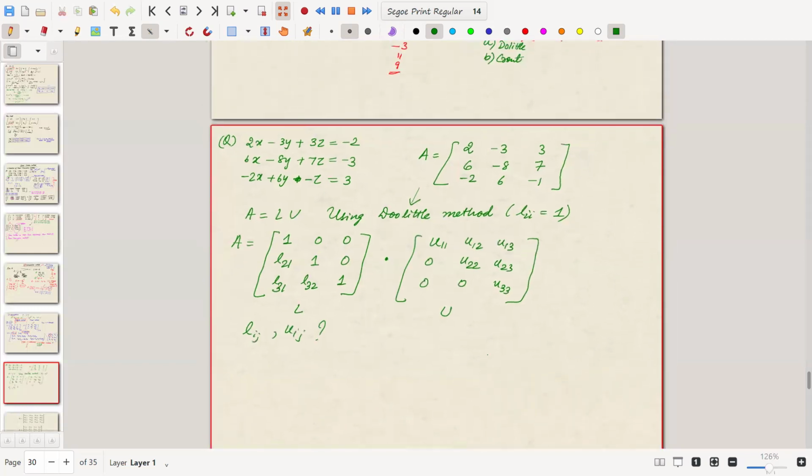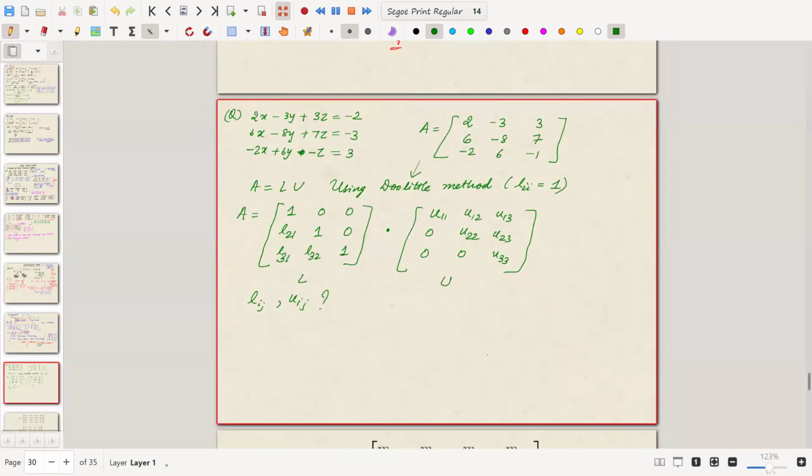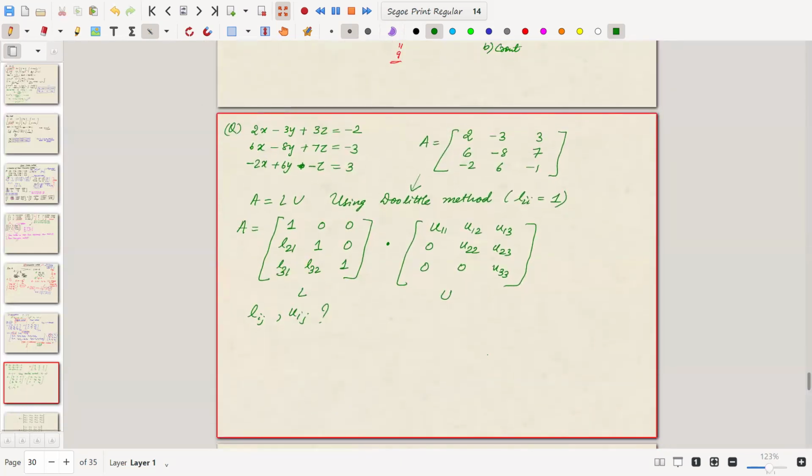Technically, from what we learned on the previous page, since we are using the Doolittle method, you can easily solve this, in the sense that there will be 9 equations and 9 unknowns. So it is perfectly solvable. Your job is to find Lij and Uij.